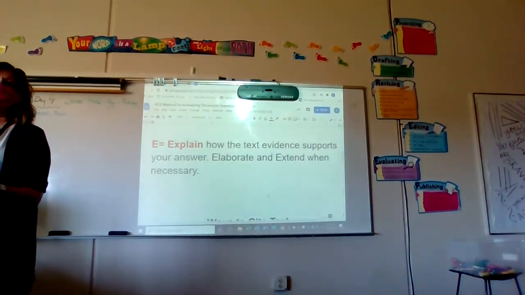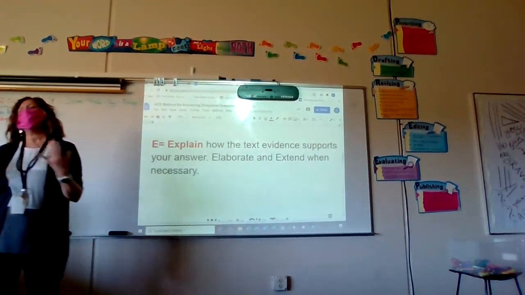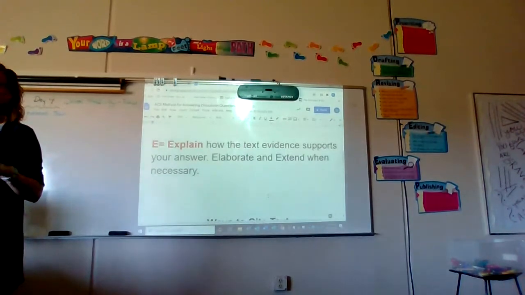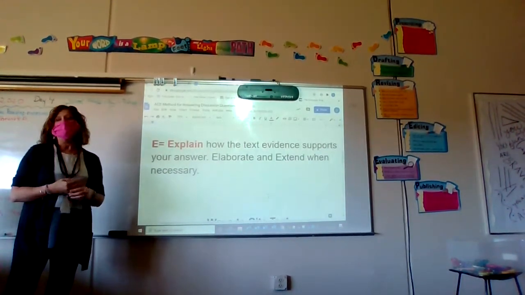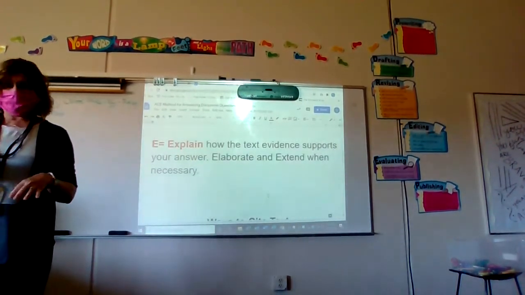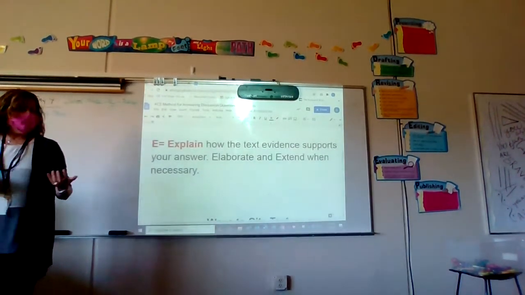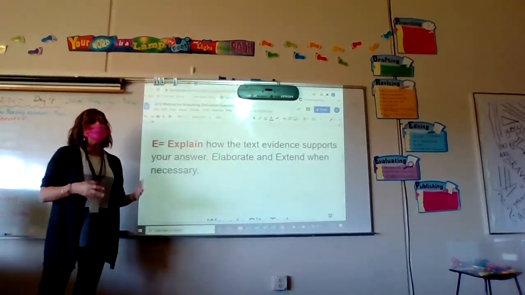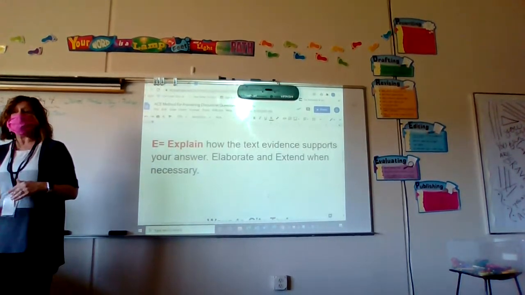So now, you don't just want to write the quote. Now you have to say, he told him, he warned him of the consequences, and he threw the paw on the fire, which shows that he was trying to keep the paw away from him. He was trying to destroy the paw so that no one else could wish on it.